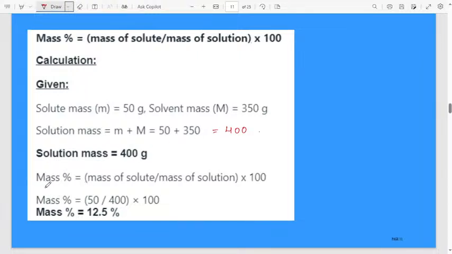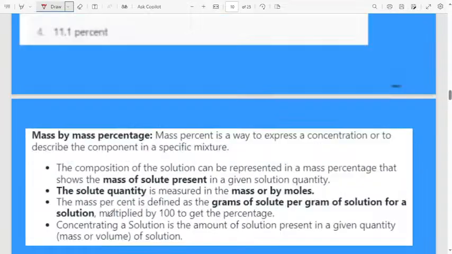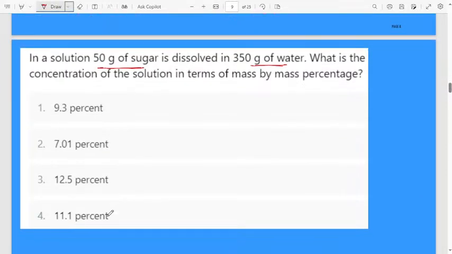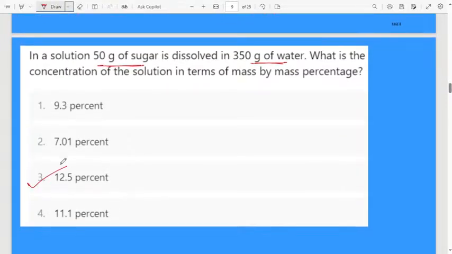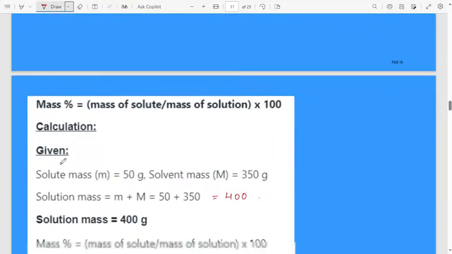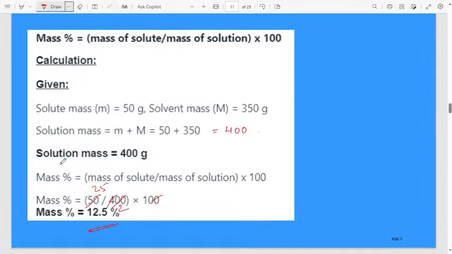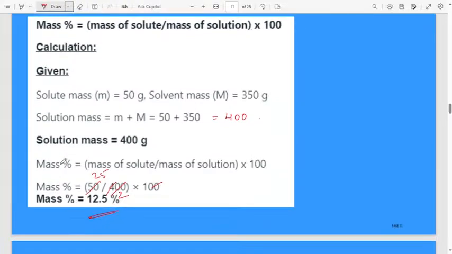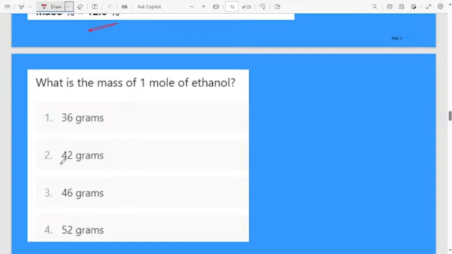Then the formula: mass percentage equals mass of solute divided by mass of solution into 100. 50 by 400 into 100, the zeros get cancelled. 50 by 4, cancel with 2, and 25 by 2 is 12.5%. The correct answer for this question is 12.5%. Very easy problem. Remember the formula: mass percentage equals mass of solute divided by mass of solution into 100. Let us move to the next problem.